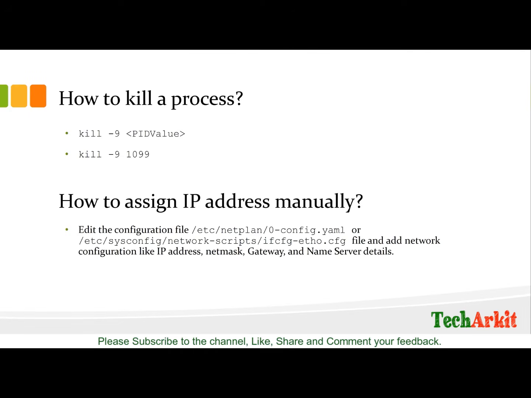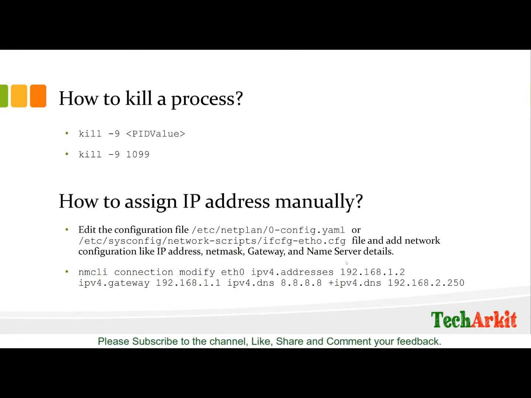You can use any of the configuration files, edit it and define the IP address, netmask, gateway, name server details and everything, and restart the network service. So that's how we can apply the IP address.